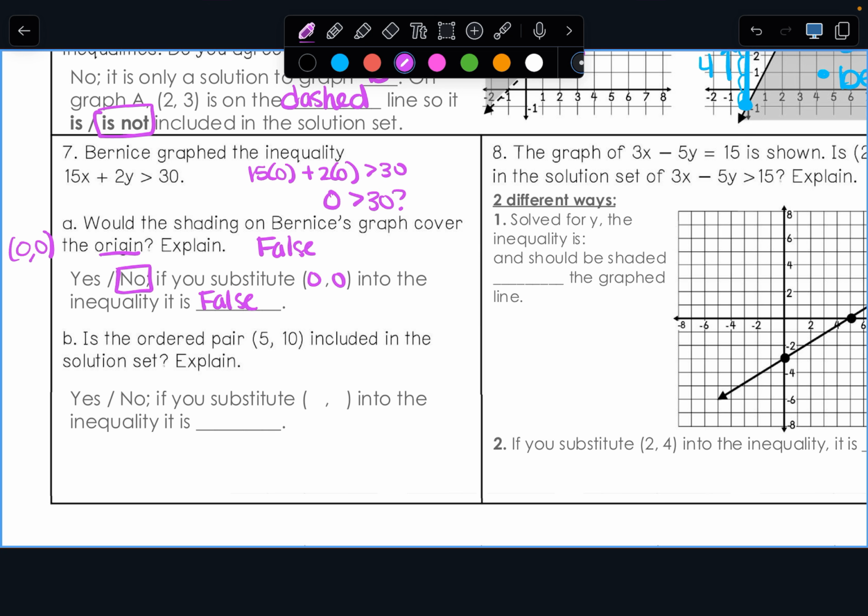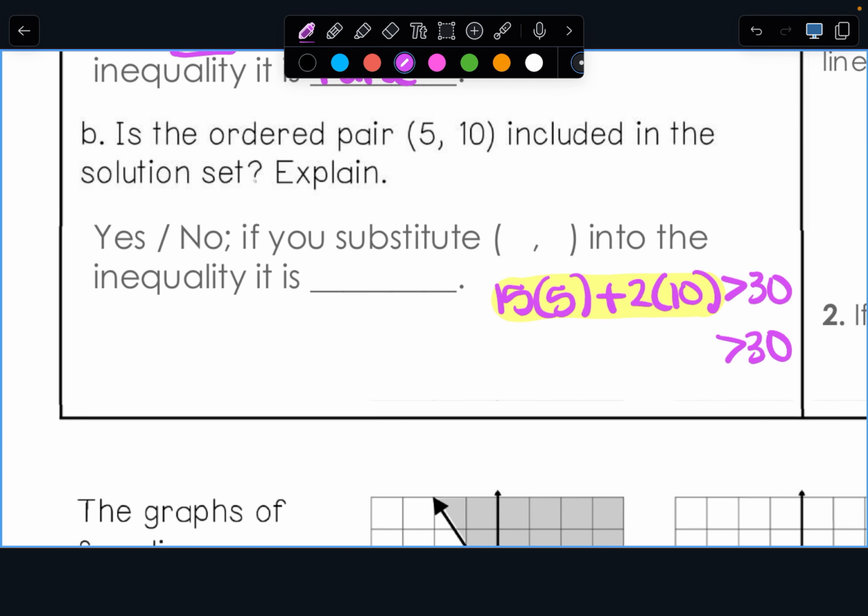What about (5, 10)? Well, to know that, we have to plug them in. So 15 times 5 plus 2 times 10 greater than 30. You can solve this part of the inequality. Put that in your calculator. 15 times 5 is 75, plus 2 times 10, which is 20, you get 95.